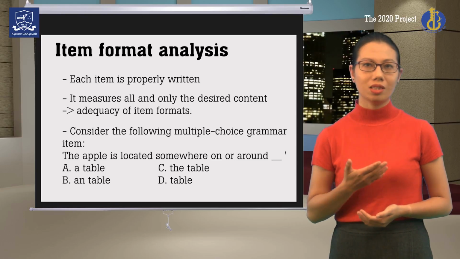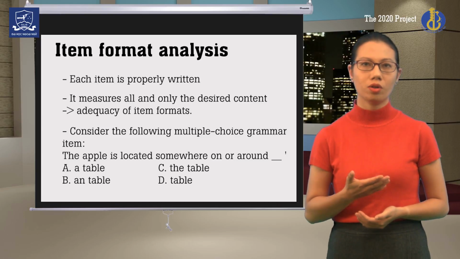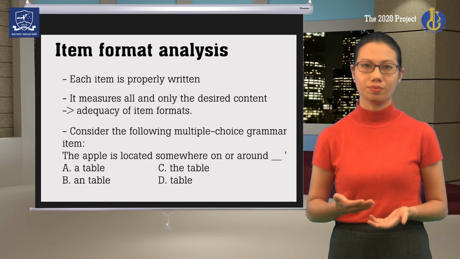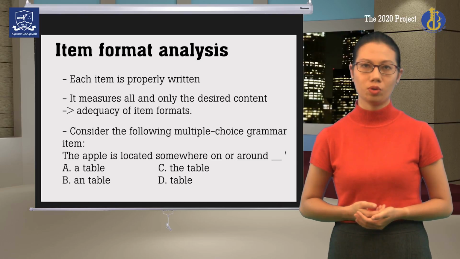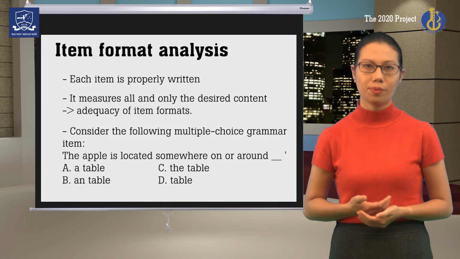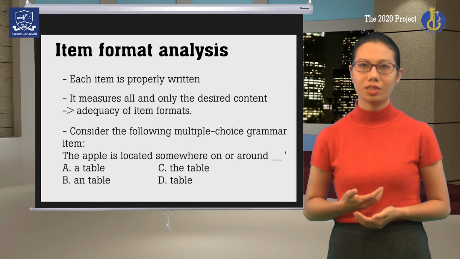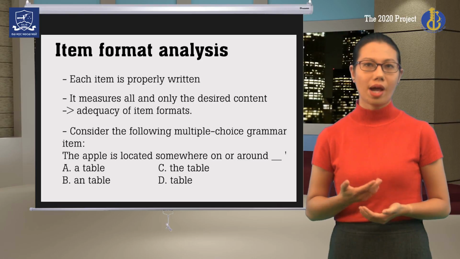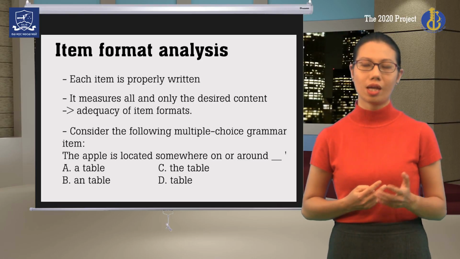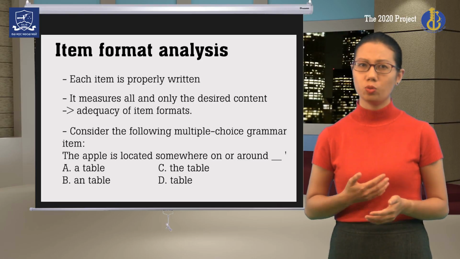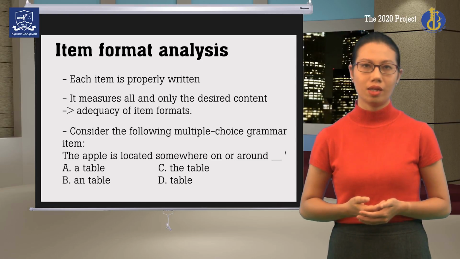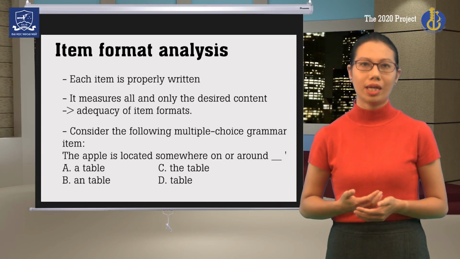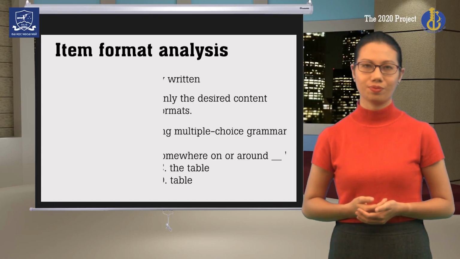The apple is located somewhere on or around A. A table, B. An table, C. The table, D. Table. This item has two possible answers, A and C, is wordier than it needs to be, and repeats the word table inefficiently.